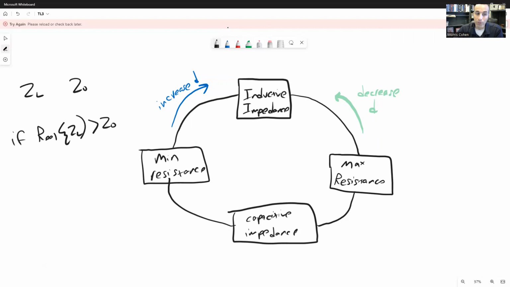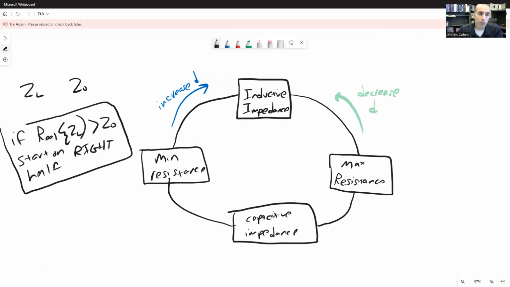You've got more real resistance in your load than you've got impedance in your line. If that's the case, then you want to start on the right half, because we're starting out at d equals 0 at the load. We've got a bigger load resistance than we have line impedance. So we're going to start to the right of this plot, somewhere toward the max resistance branch.